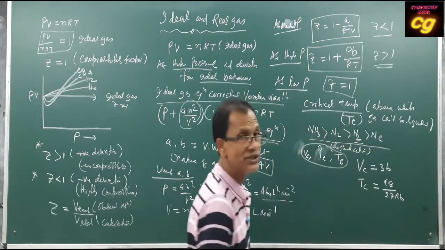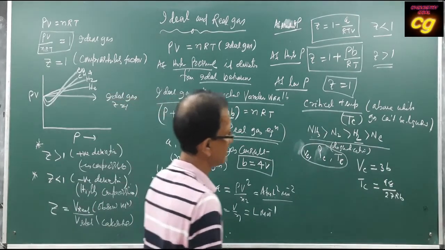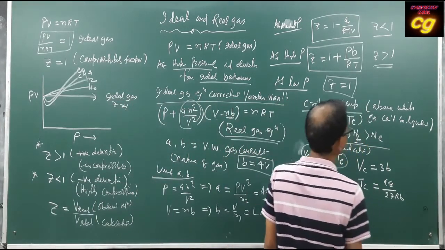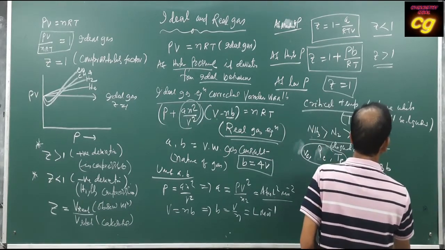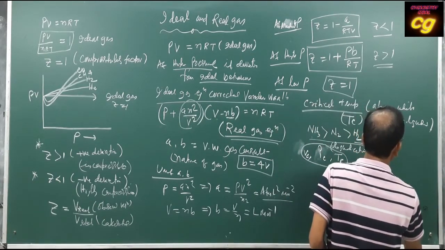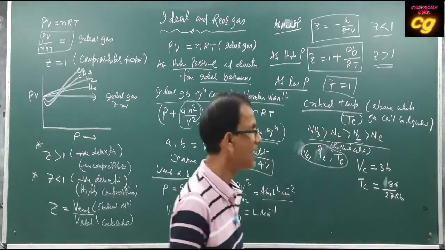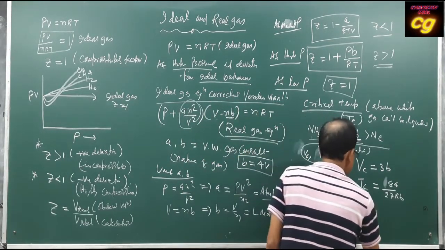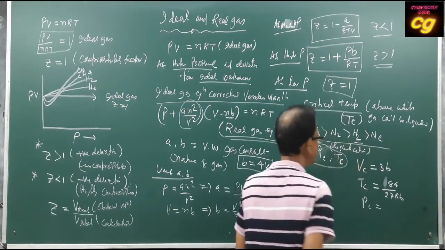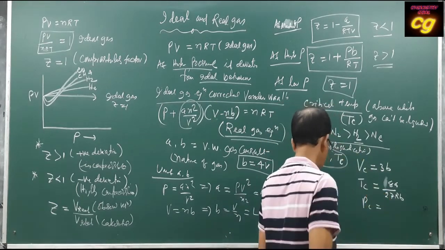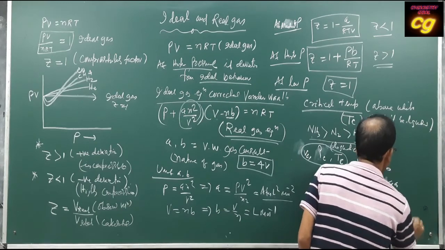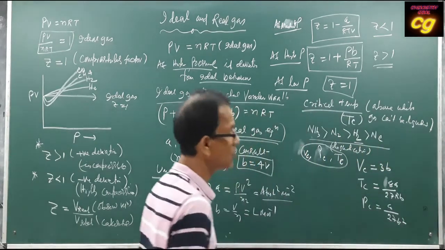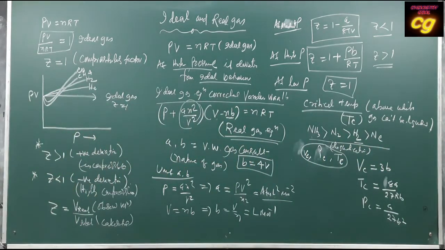This is our Tc, critical temperature. Then Pc is equal to a by 27b square.